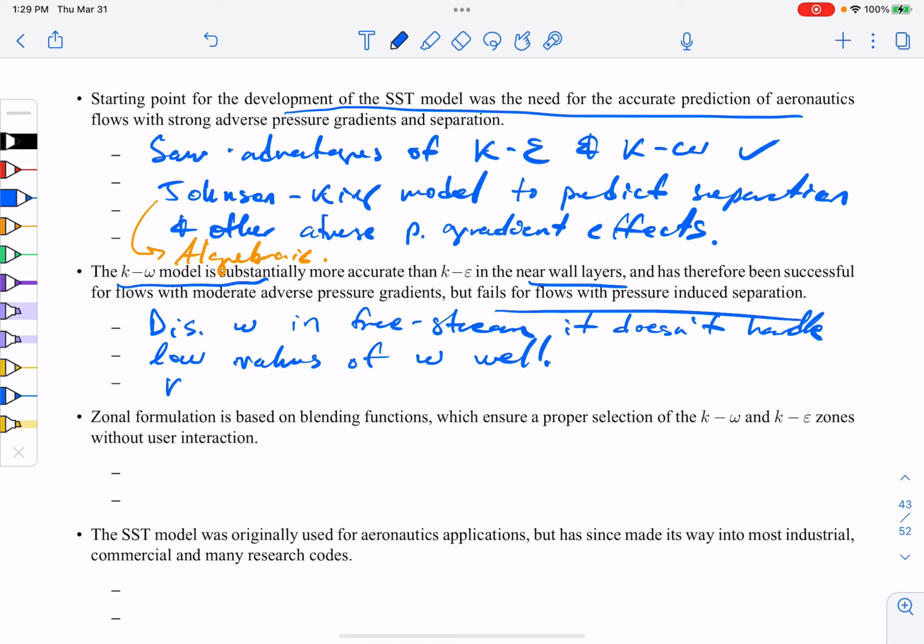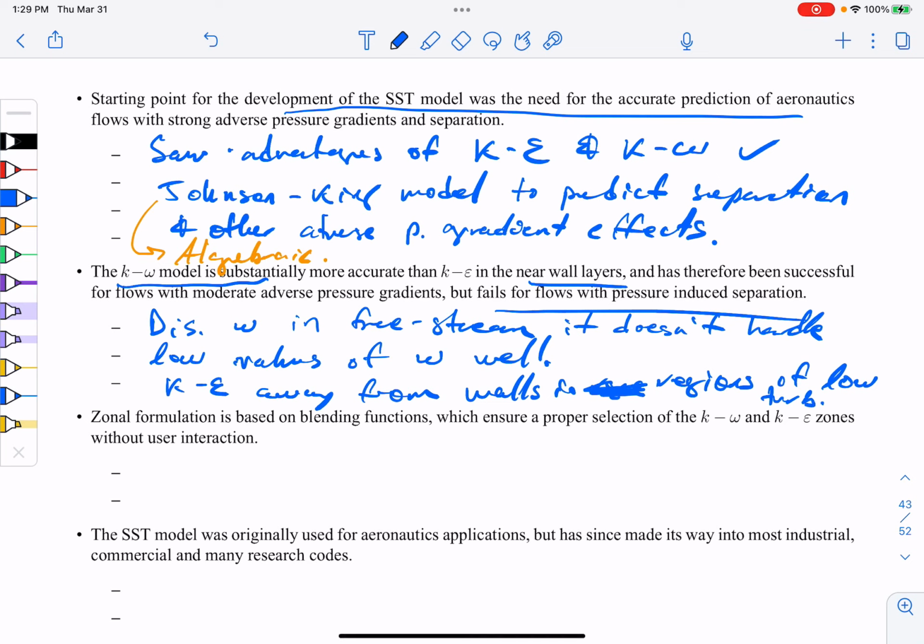And so we want to use K epsilon away from walls in regions of low turbulence. And so to combine the two, the first step is to blend them. They call these blending functions, and one might be F1 in his nomenclature, and it should just vary between 0 and 1.